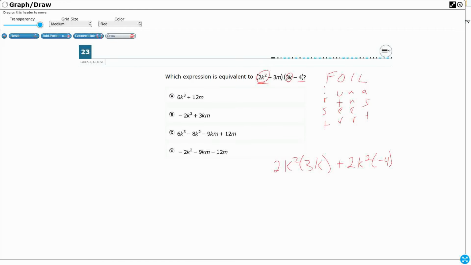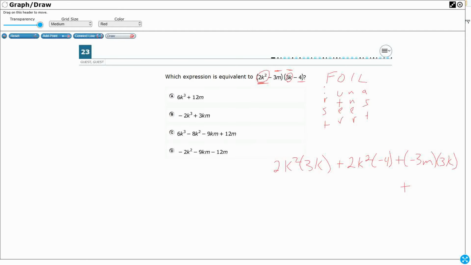So that's going to end up being a minus, but that's fine. Inner, right, is going to be, once again, plus -3m and -3k, or just +3k, excuse me. And then plus, and I ran out of room, I'll put it down here, last, right?